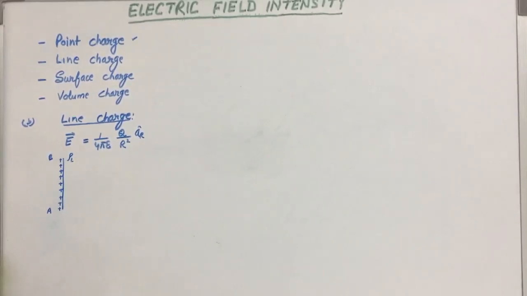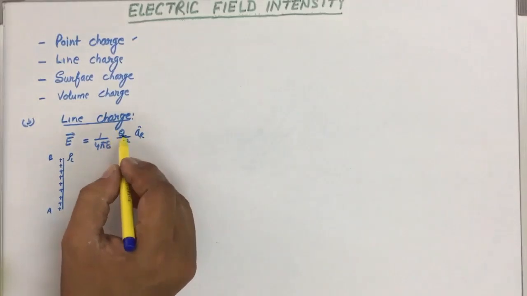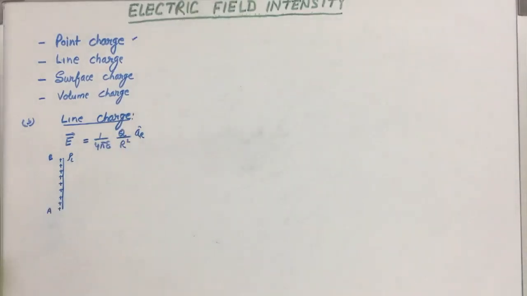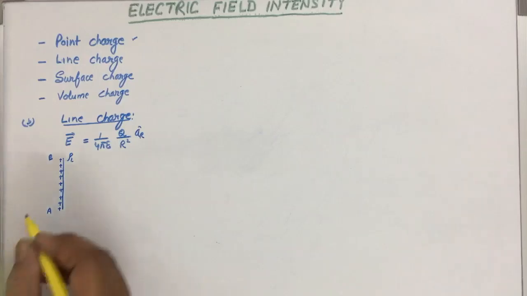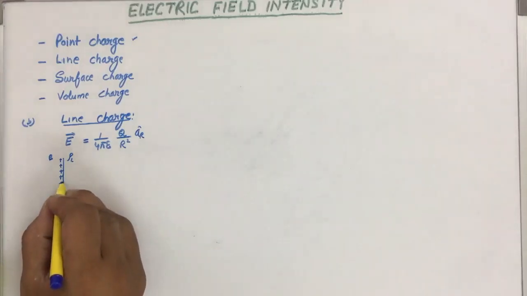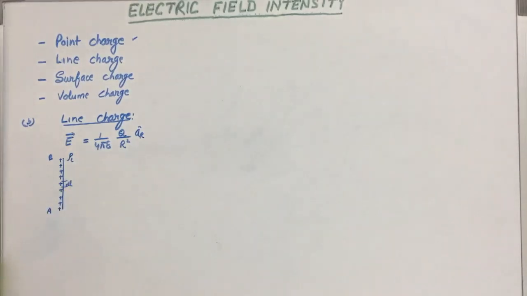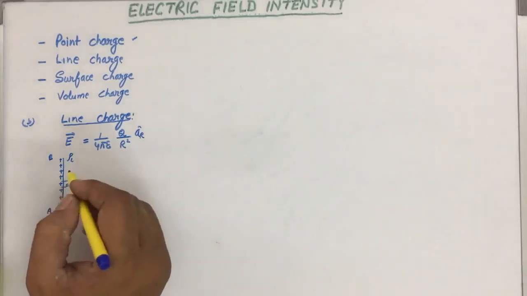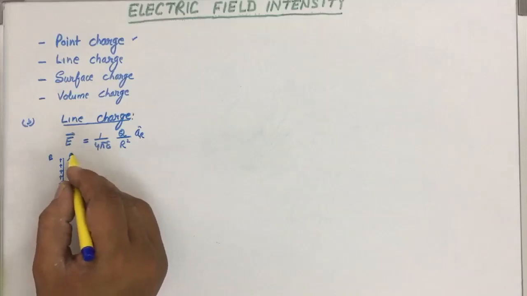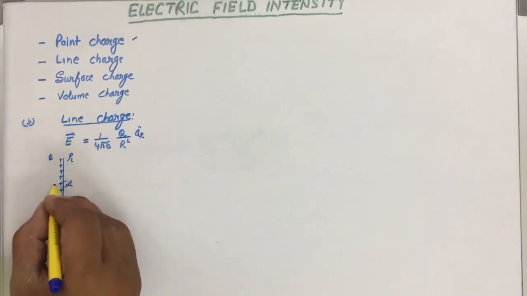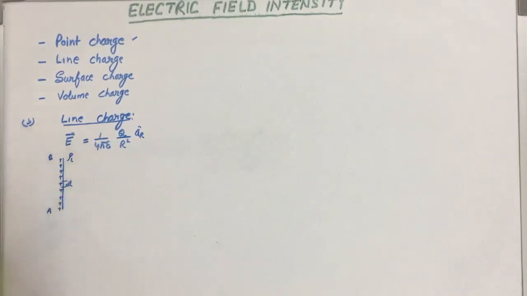Now if we wish to find the electric field, the first thing, which should be very clear, is that we have to find the charge. So if we wish to find the total charge, we should assume a differential part of it, that is a differential length, and if we multiply the charge density with the differential length, it will give the charge occupied by this dl length.